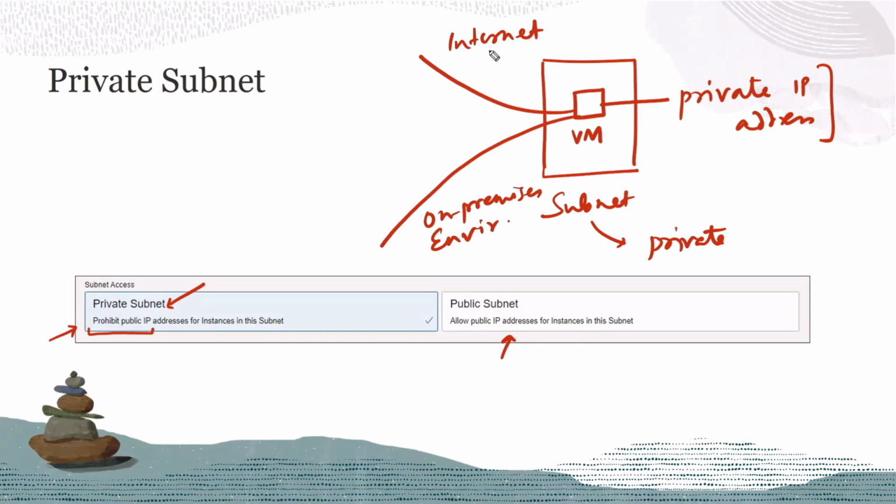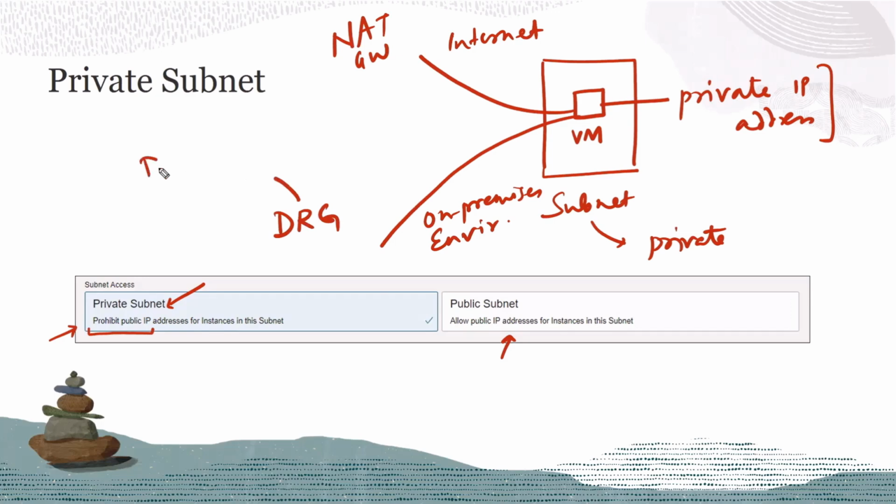To facilitate internet connectivity to virtual machines deployed inside a private subnet, we have already discussed, we have something called NAT gateway. And to facilitate communication with the on-premises environment, we have another gateway, which is DRG.